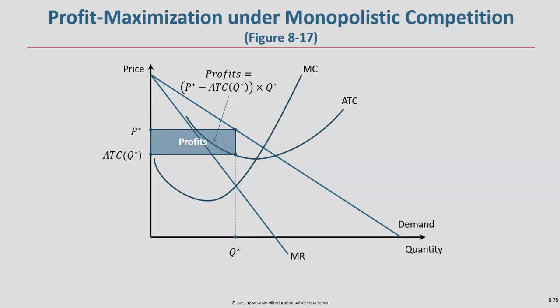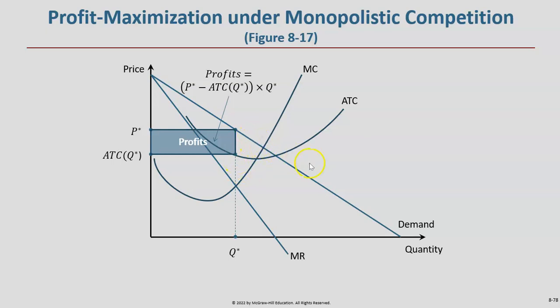Okay, but since there are many substitutes, and for a monopoly there is no good substitute, the demand curve will be more elastic than what you see here, which is figure 8.17 in the textbook. Okay, it's going to be more elastic, but that does not affect our analysis.